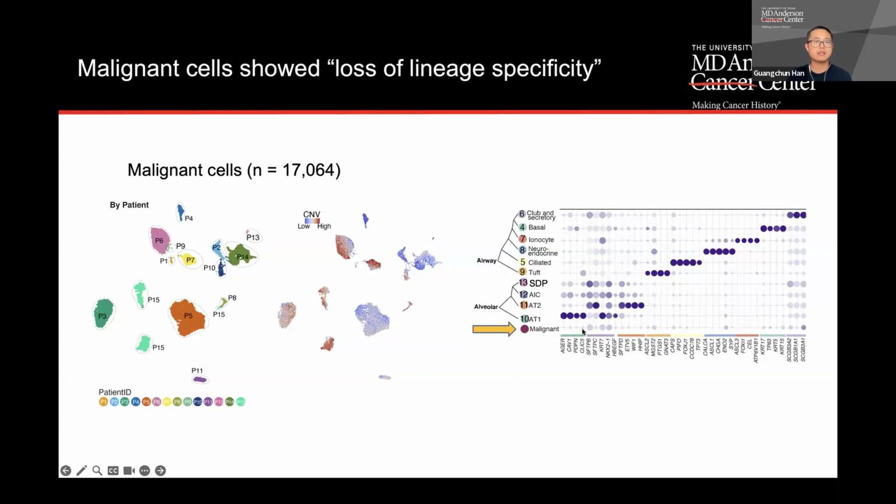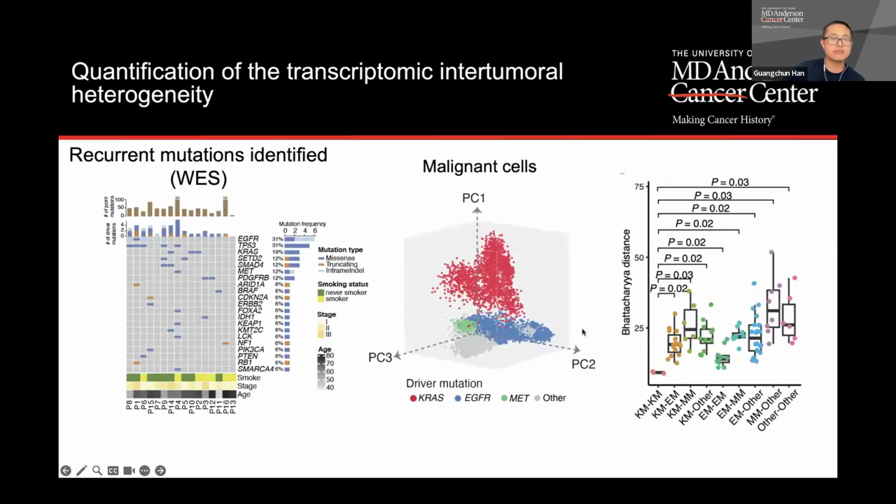Then, as I just introduced, for this cohort we performed whole exome sequencing for the tumor samples as well as matched normal samples. We are able to determine the driver mutation for every patient in this cohort. On this slide, I show a brief introduction of the frequent driver mutations or mutation events we identified.